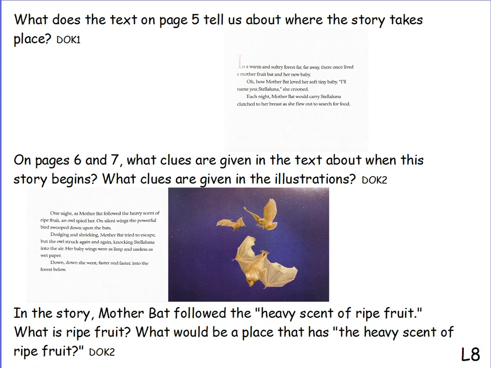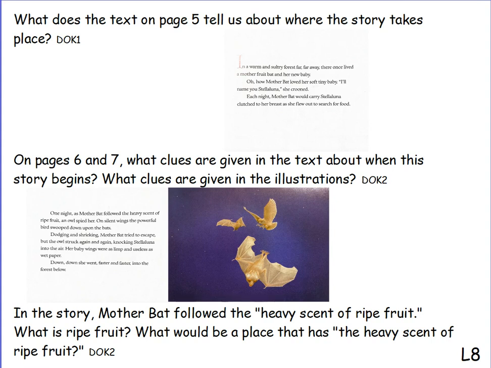Our last question says, in the story, Mother Bat followed the heavy scent of ripe fruit. What is ripe fruit? What would be a place that has the heavy scent of ripe fruit? So let's think about the clues in the text. The clues are telling us that Mother Bat followed the heavy scent of ripe fruit.